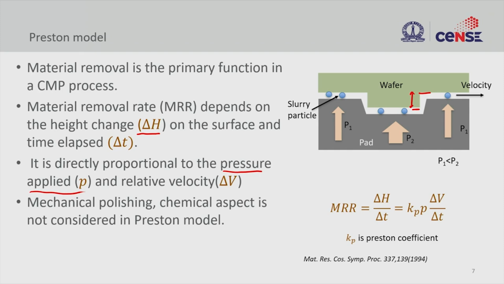Okay. So, there are two pressures depicted here, P1 and P2, right. The pressure P1 is less than P2 because of the topography, and that is the reason in the earlier statement we said it is the height difference that matters, or in other words it is the pressure difference between the flat layer and the topography, and also the relative velocity between the wafer and the pad. So, this is something that you need to understand.